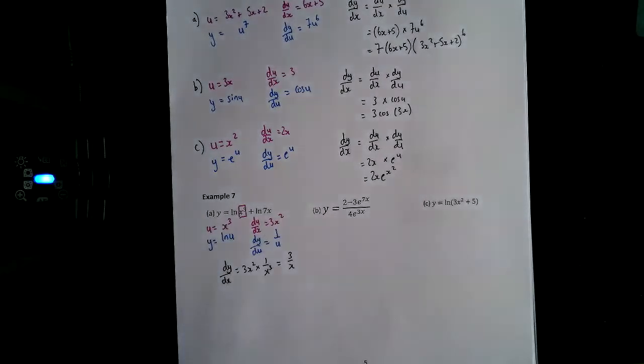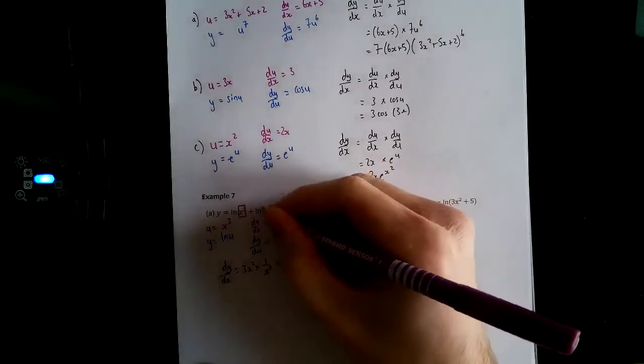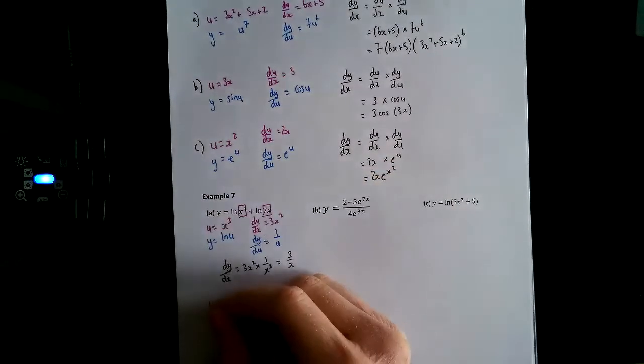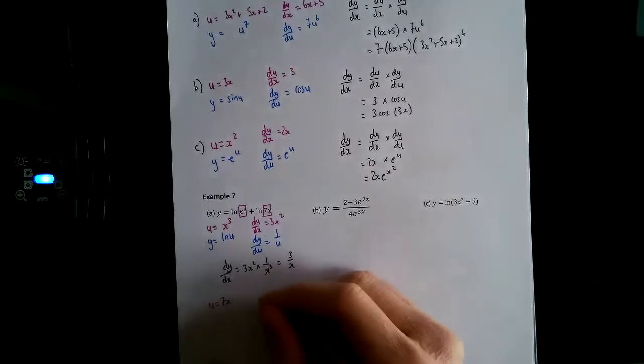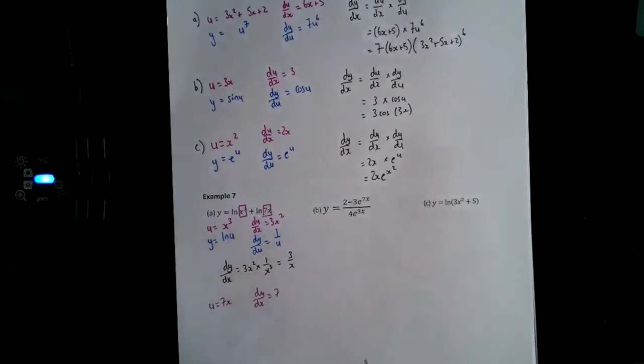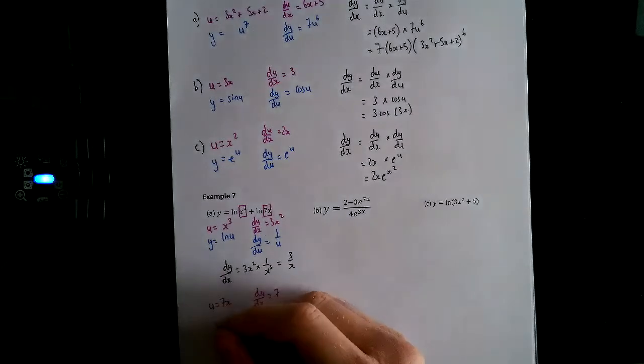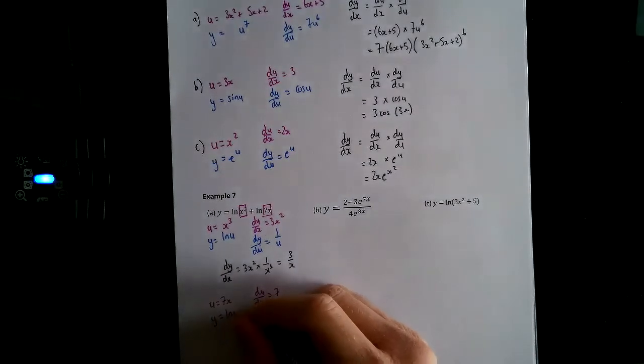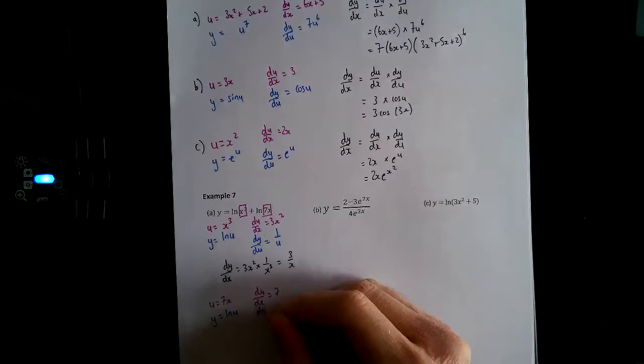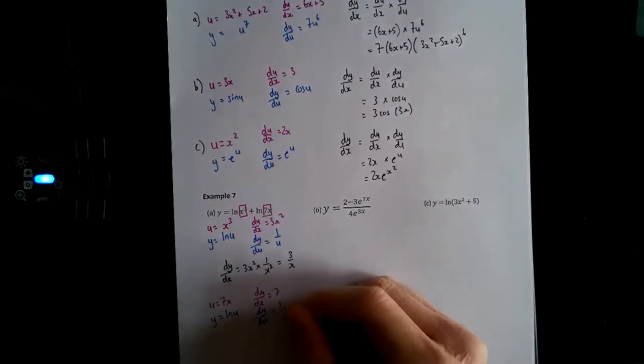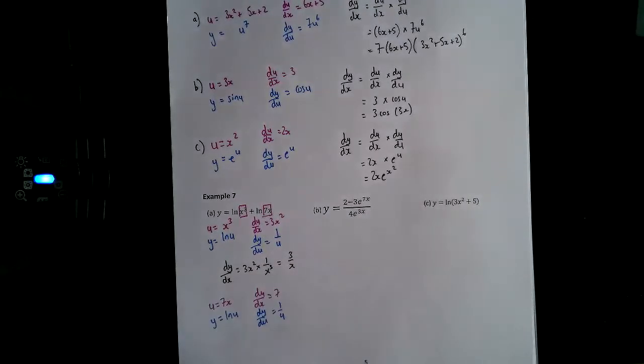Okay, then do the same for this bit. So my u for this bit is going to be 7x. So du by dx is 7. And in that case, my y would be ln u, which we know that dy by du would be 1 over u. Times them together.